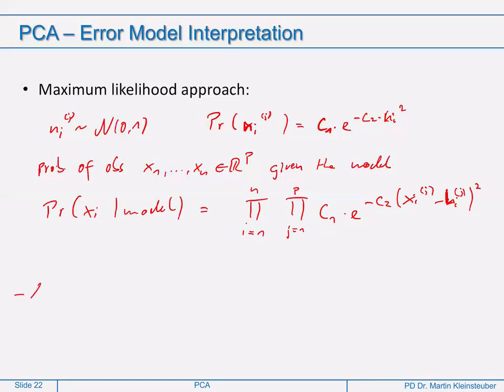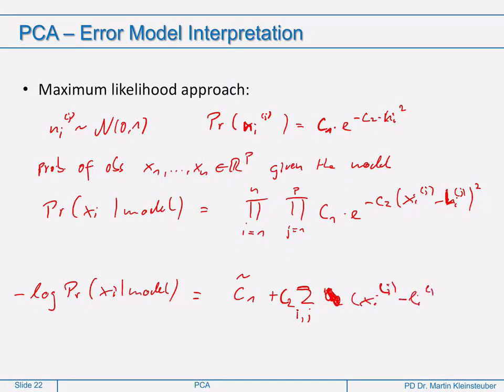So we have minus the logarithm of this xi given our model, which is something like a constant, not the same constant, C1 tilde, plus the sum over i and j of C2 times xij minus lij squared, right?